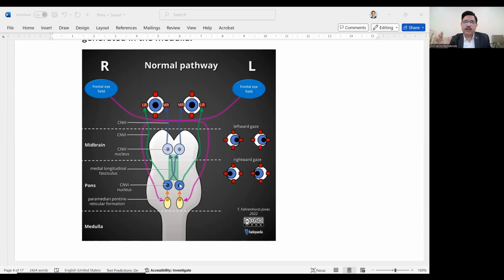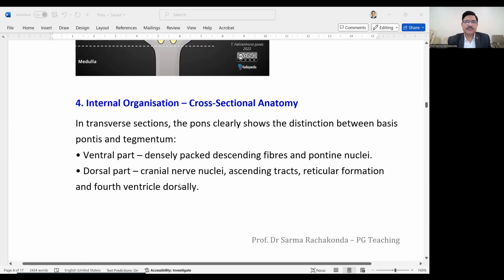Suppose somebody has a horizontal gaze palsy or a vertical gaze palsy, you have to suspect a lesion either in the PPRF, the medial longitudinal fasciculus, or in the pons or the oculomotor nerve nuclei. For that reason, we are learning this particular internal organization.